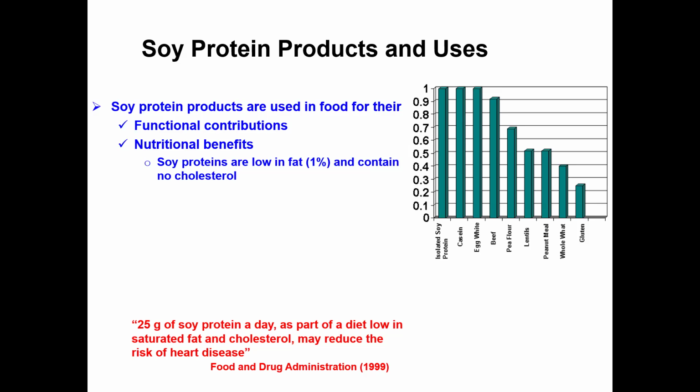They tried to revoke this a couple of years ago, and the industry went berserk. You can't revoke this claim. You need decades of human trials to really counter that claim. So it was not revoked.